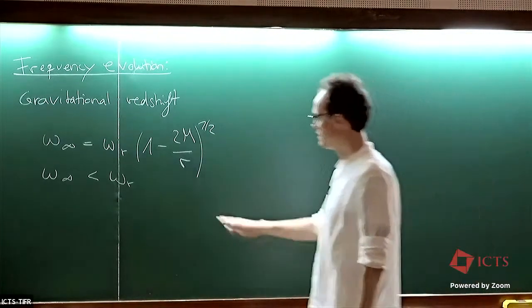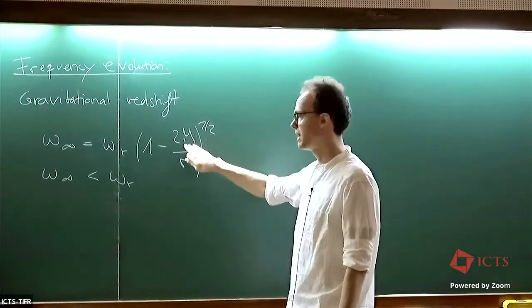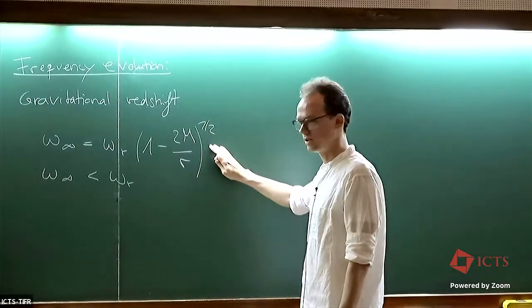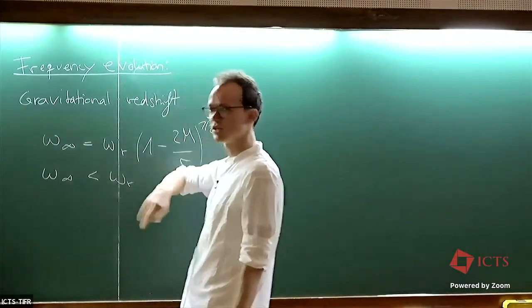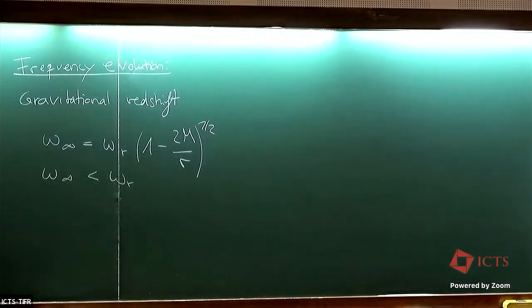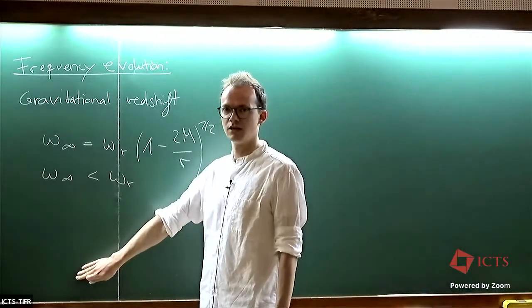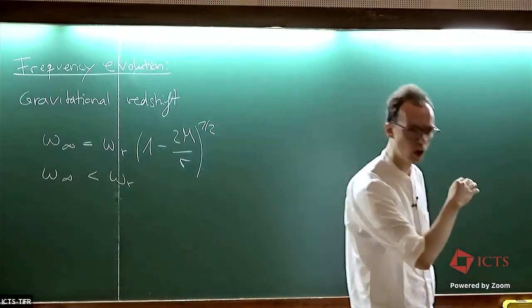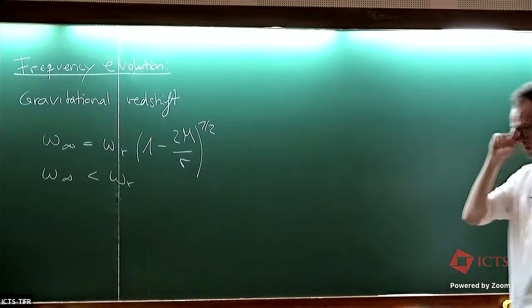And so what this means in this formula is basically that the mass at the beginning is slightly larger than the mass at the end, okay? Which also then means that the frequency of the gravitational waves at the beginning is slightly lower than the frequency of the gravitational waves at late times. Which basically means that the frequency has to wander from a small-ish value to a slightly larger value over time.